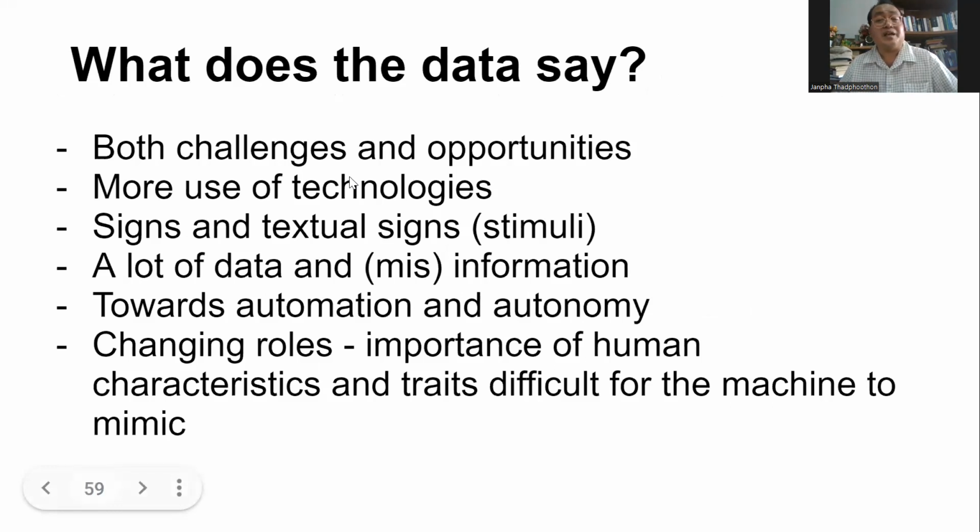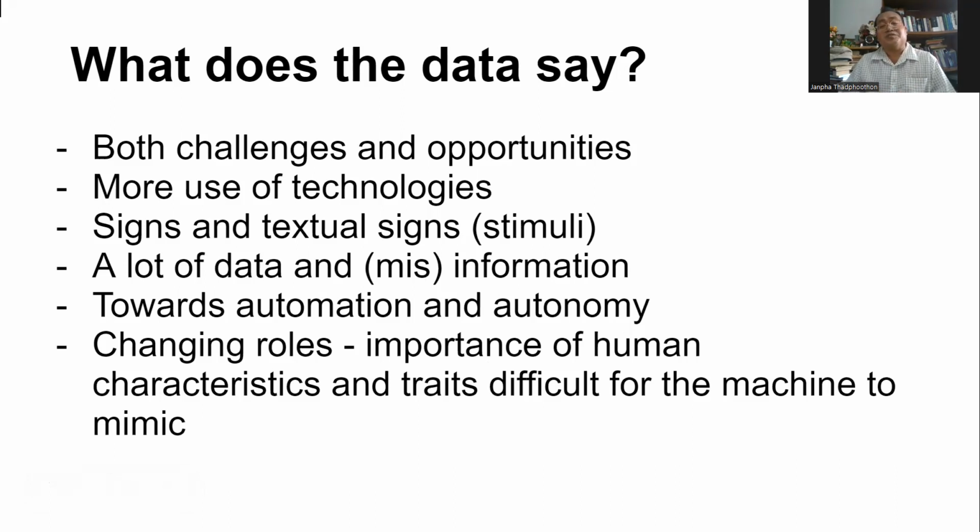So what does the data say? The data say that we have both challenges and opportunities. There will be deeper and more use of technologies, a lot of information. We have a lot of data and misinformation as well.